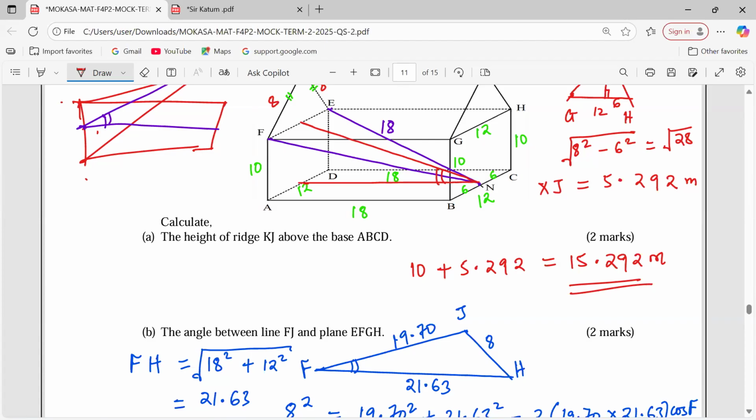So for this particular angle, we have all the heights. This is 18, and the perpendicular height there is 10.